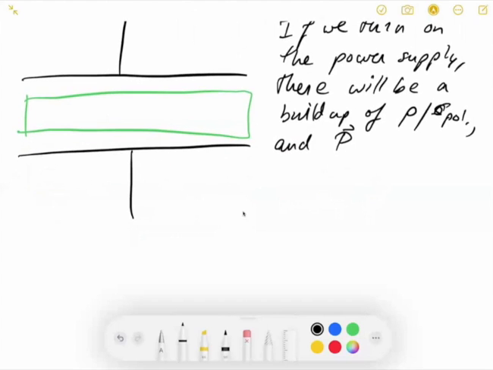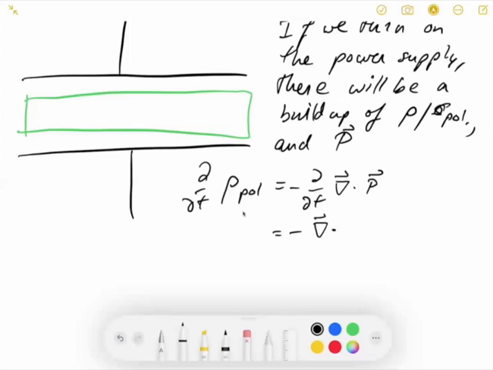So let's look at what that would look like. We know that rho polarization is minus the divergence of that polarization field. So if we take the time derivative here, and we can also take it here, and then we can bring the time derivative in. Now we have minus the divergence of dP/dt.